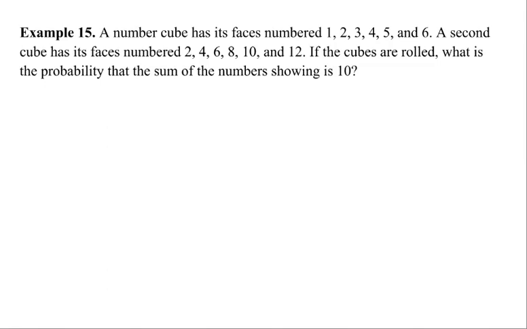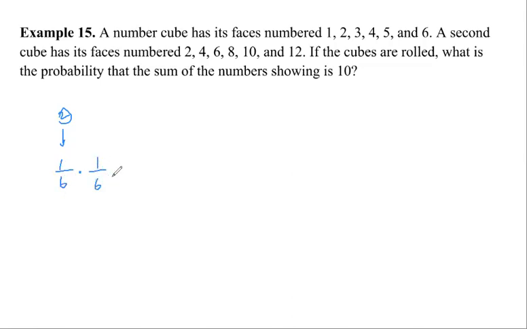But the second cube doesn't have a 9, so there are no possibilities when the first cube rolls 1. When the first cube rolls 2, which is a 1/6 possibility, the second cube has to roll 8, which is also a 1/6 possibility. So there's a 1 over 36 possibility that the first die will roll 2 and the second die will roll 8, which adds up to 10.